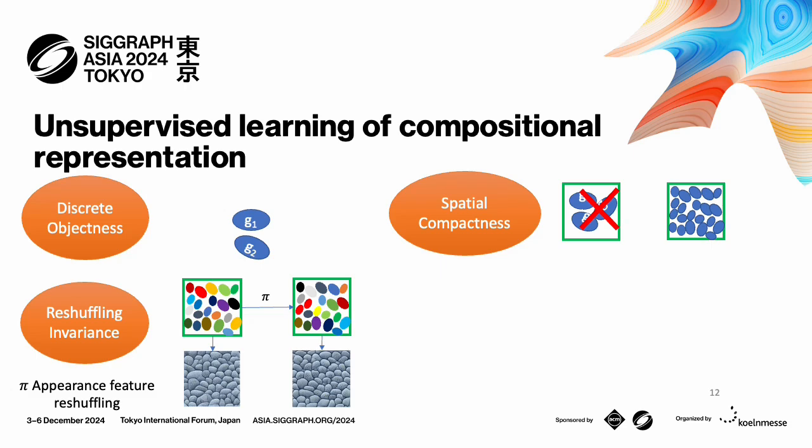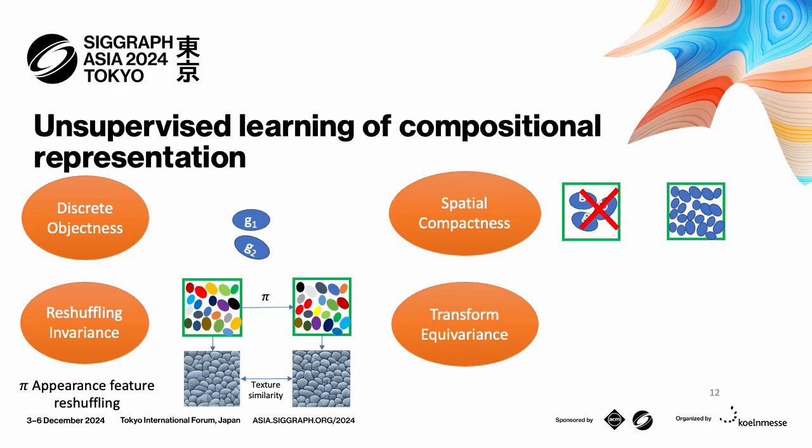When we have a white paper texture, a taxon can either be a single pixel or a huge image region, because no matter how we reshuffle the appearance within these regions, it will still be a white paper texture. But if we have a chessboard, if we define a taxon as a single pixel, then when we randomly shuffle the pixels, the chessboard texture will be destroyed.